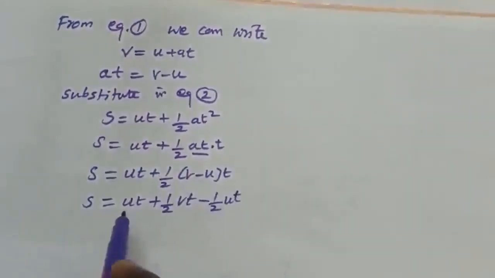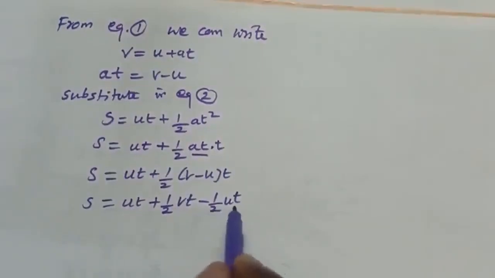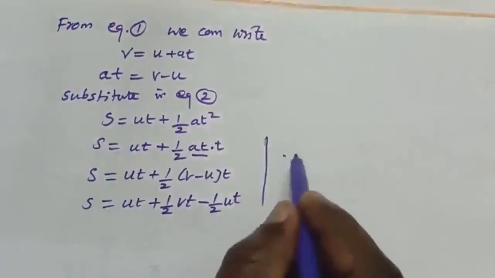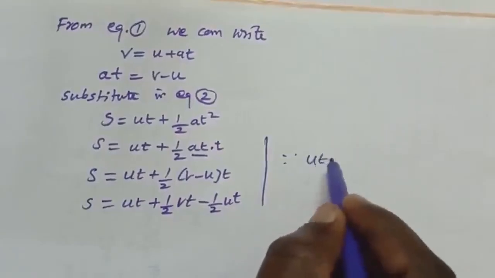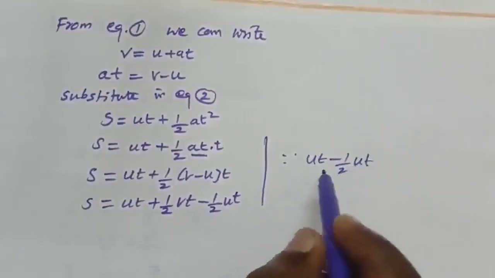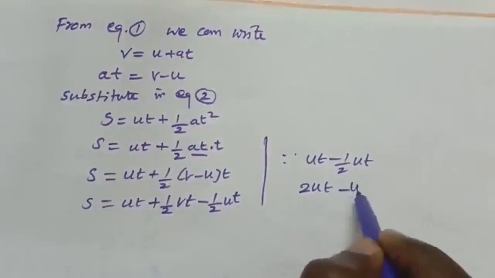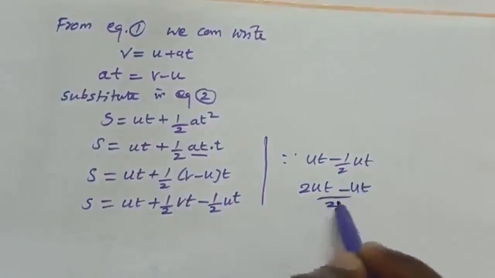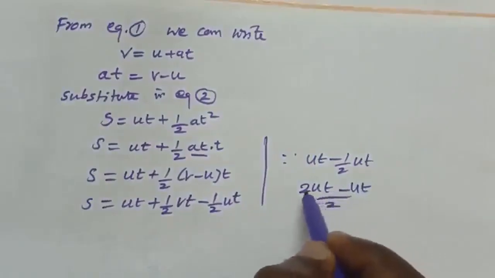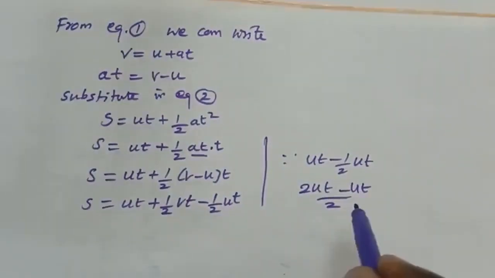Okay, now listen students, ut and minus 1 by 2 ut, we can resolve this. Taking the LCM, 2ut minus ut divided by 2. So this is 2 times ut, this is 1 time, that is negative ut.